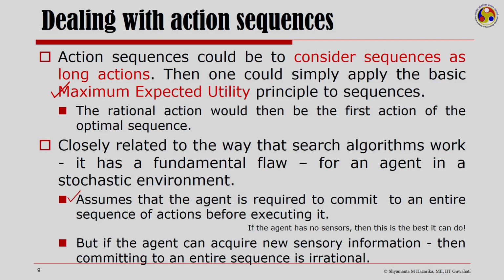Now, in a case where the agent has no senses, this is the best it can do. But let us assume that the agent can acquire new sensory information. Then committing to an entire sequence is actually irrational, because after I reach a state, new percepts that I have may enable me to take a better decision rather than committing to a sequence of actions a priori.